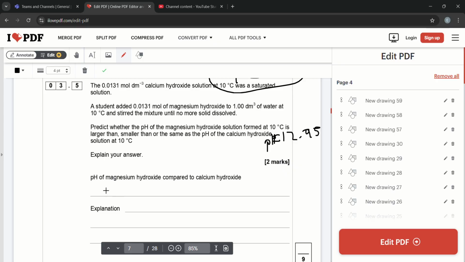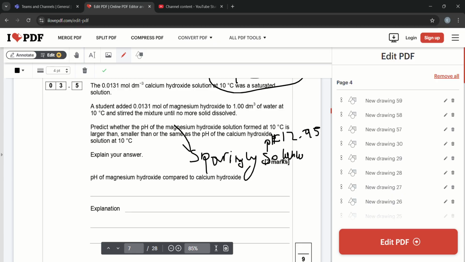So magnesium hydroxide. We know magnesium hydroxide is sparingly soluble, will that help us in this question? Yes, it will. Sparingly soluble, aka less soluble.